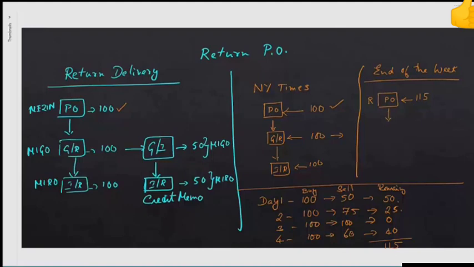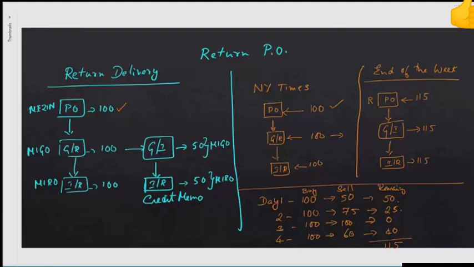And you do a goods issue of 115, and that goes out from our warehouse. And then you do an invoice, right? And that's also for a quantity of 115 that goes out of our warehouse.